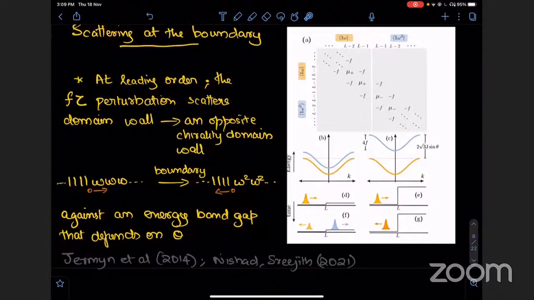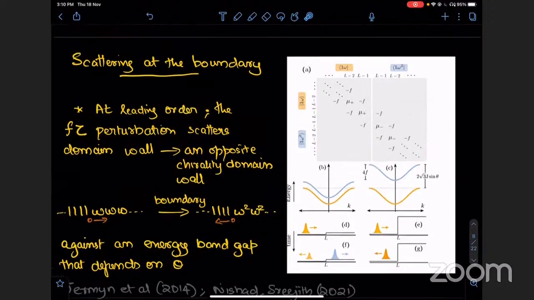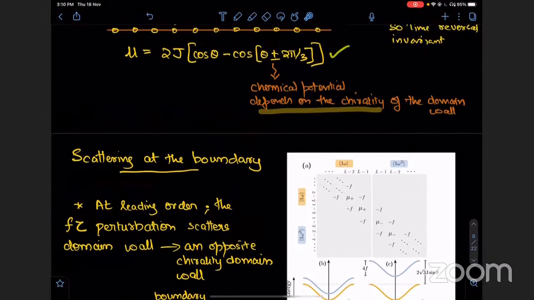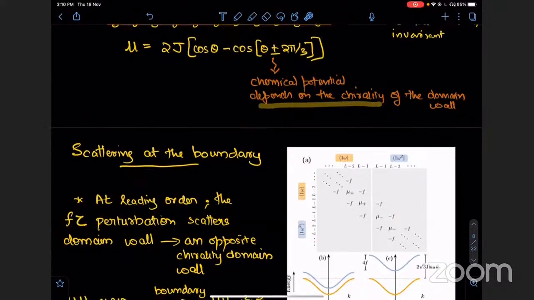And if this scattering has to happen, it has to happen against the energy gap that depends on theta, because of the chemical potential difference for different domain wall flavors.